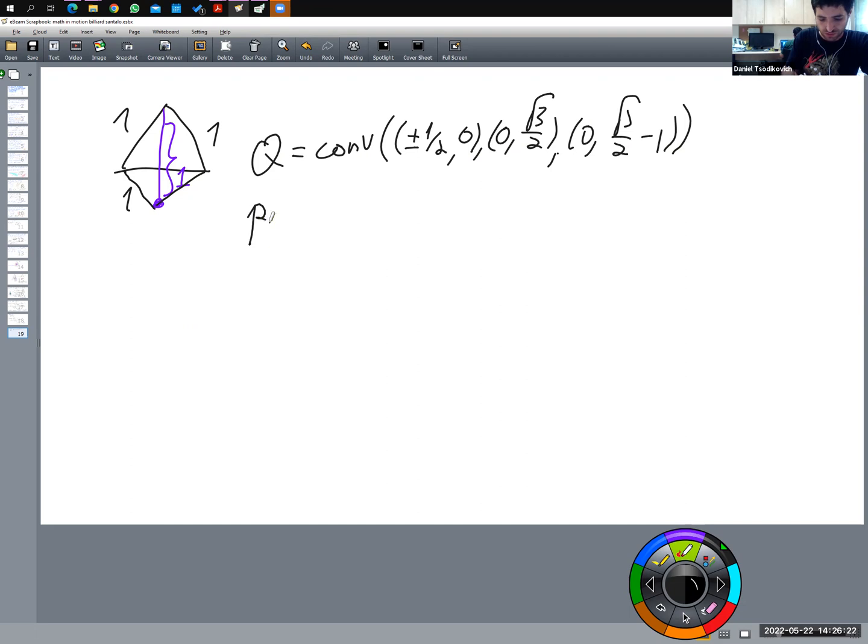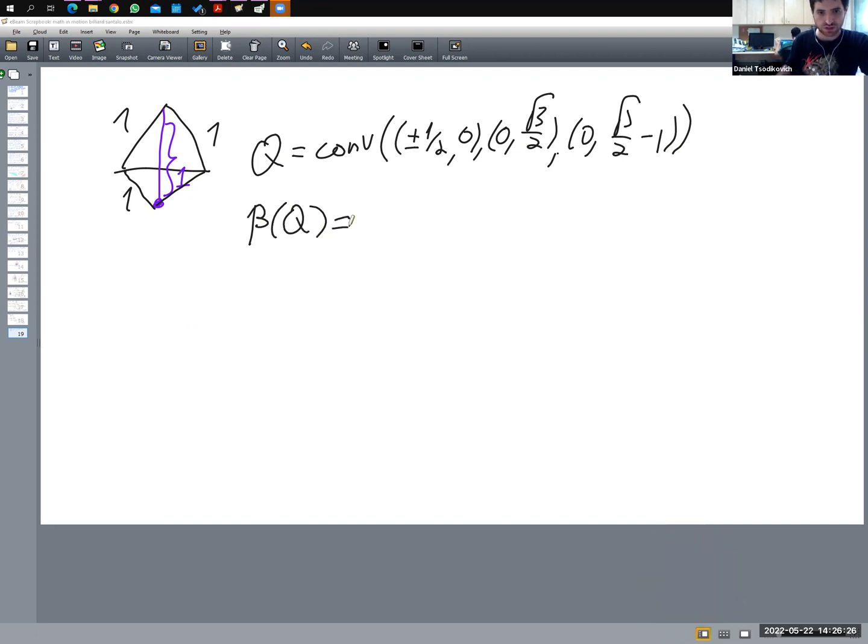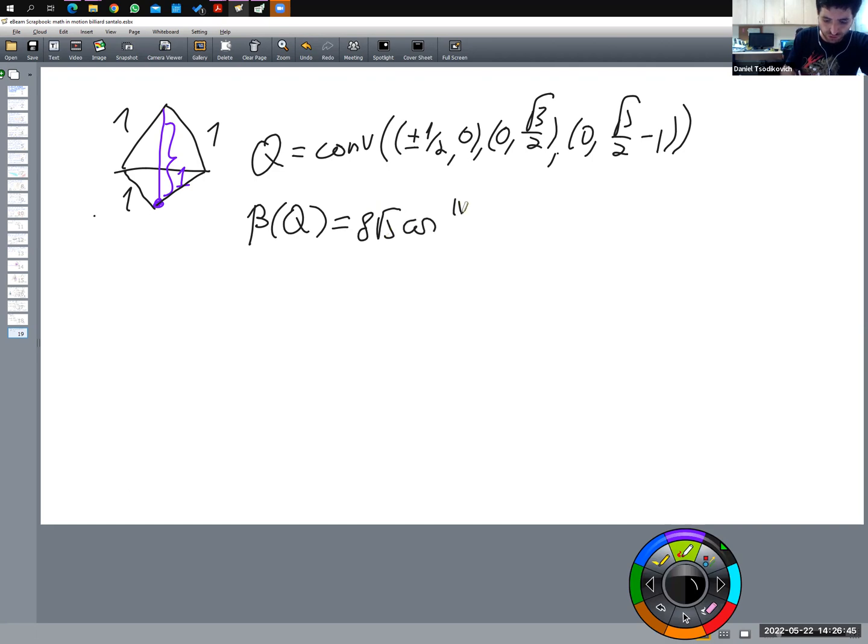And the billiard product of this quadrilateral is something like, I have it written, 8 times square root of 3 cosine pi over 12. And this is more than 12.